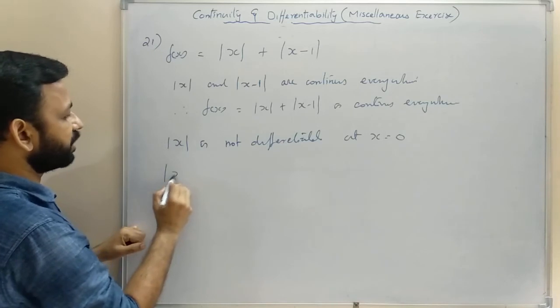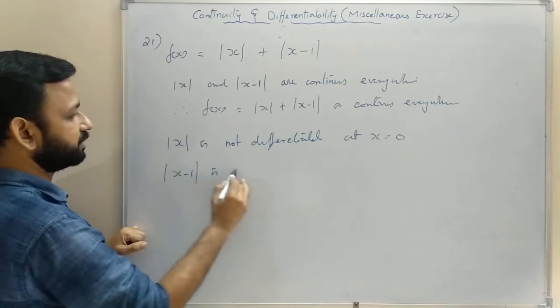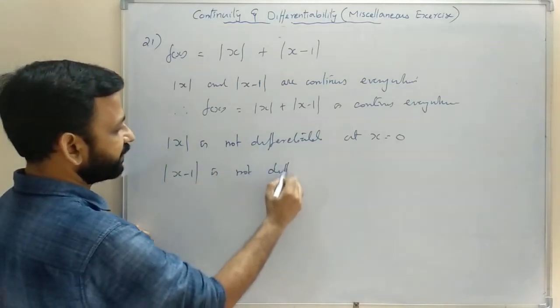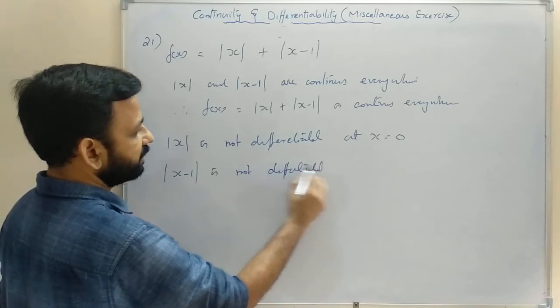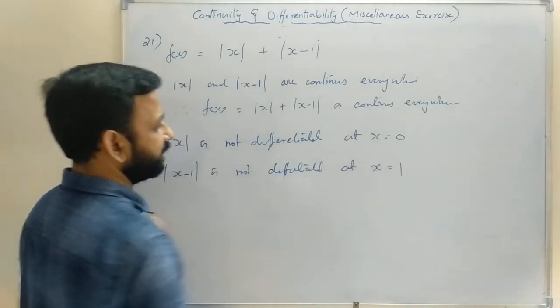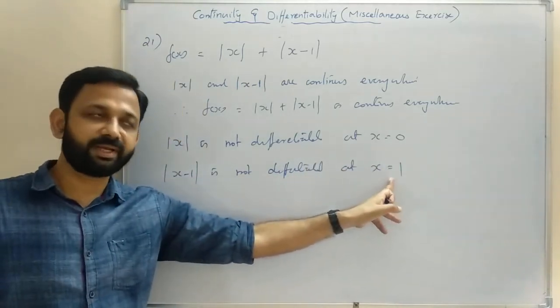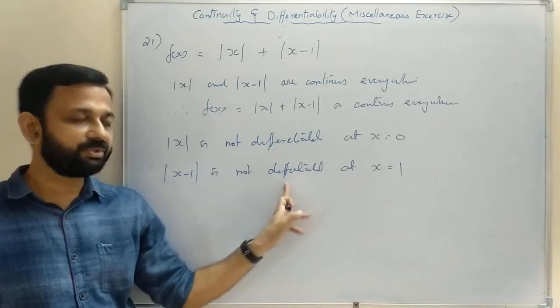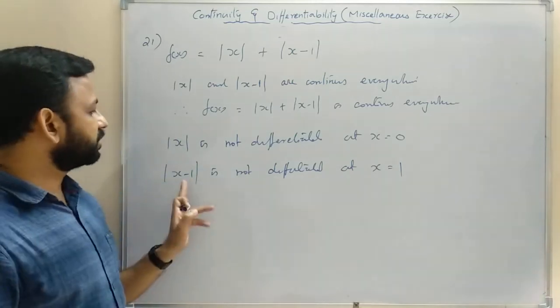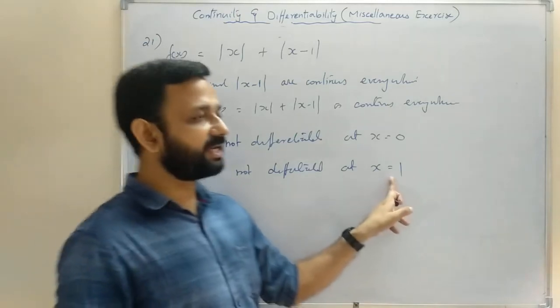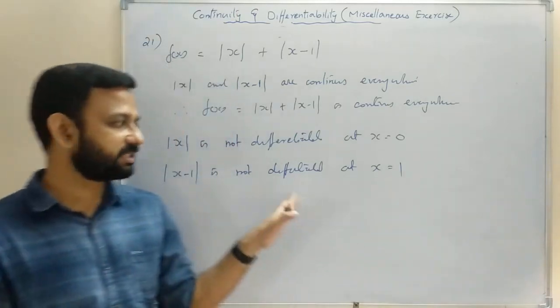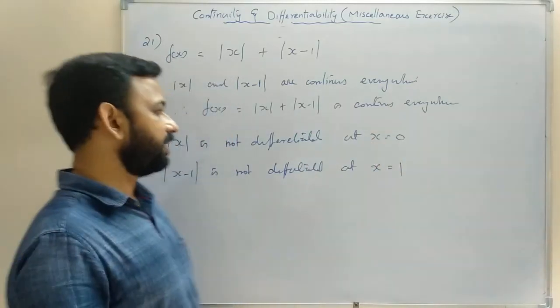Then similarly, modulus of x minus 1 is not differentiable at x is equal to 1. This one I also explained, Exercise 5.2, question number 9. Modulus of x minus 1 is not differentiable at x is equal to 1. When we take LHS and RHS, they are different.